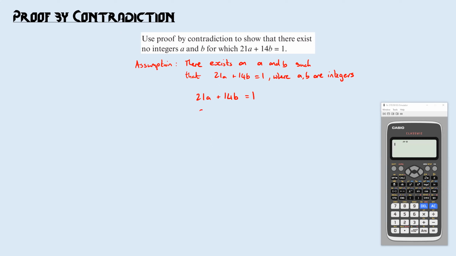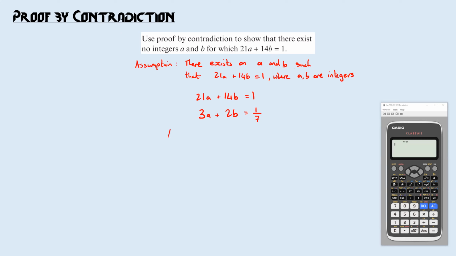So we've got 3a plus 2b equal to 1 over 7. Now, if a and b are both integers, here we've got an integer plus an integer, and that must equal an integer, but 1/7 is not. So this is a contradiction.